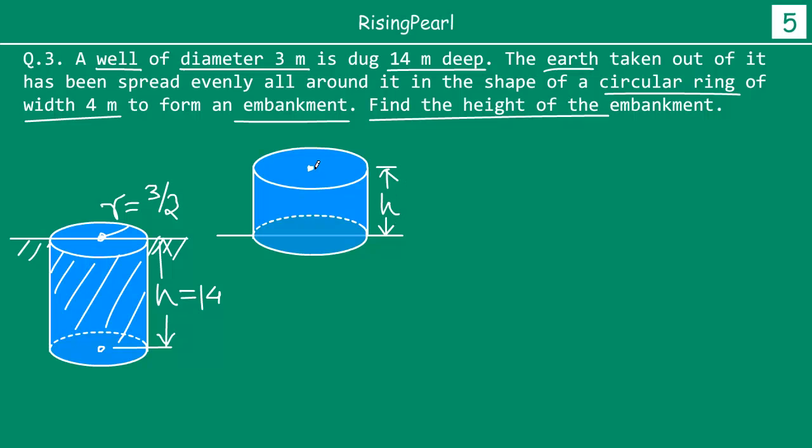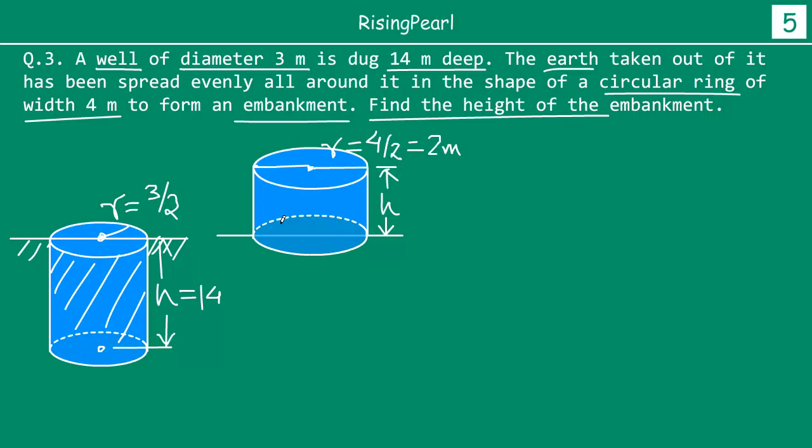And what is this radius? The width is 4 meter. When we say width, it means this total length, the diameter is 4 meter. So this radius will be 4 by 2, or equal to 2 meter.